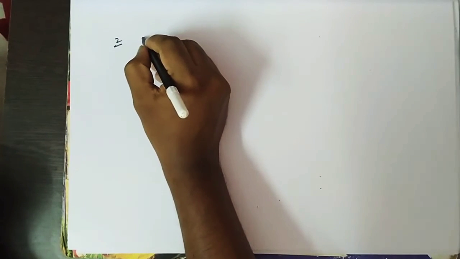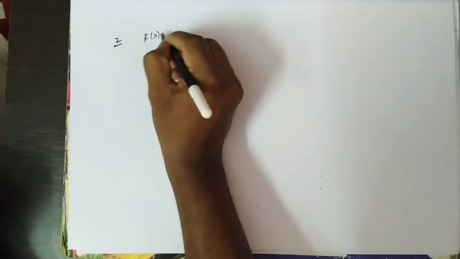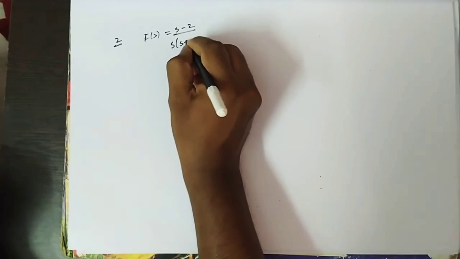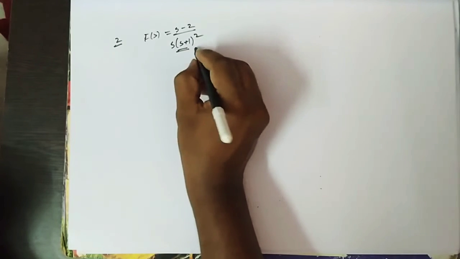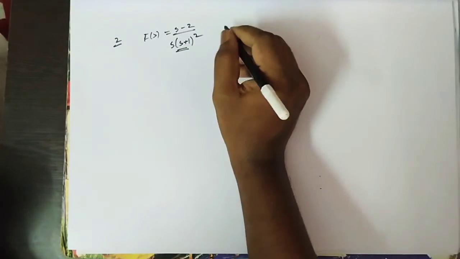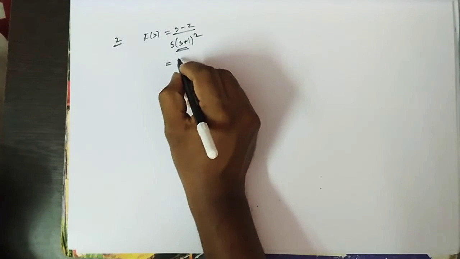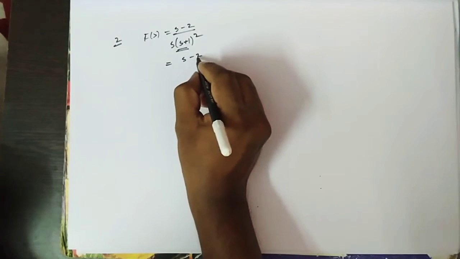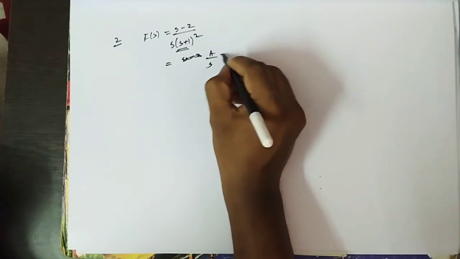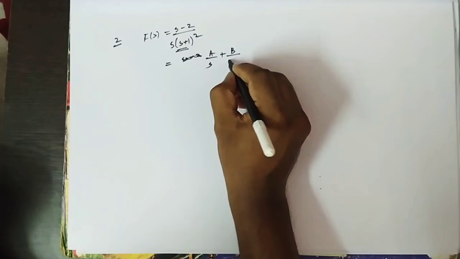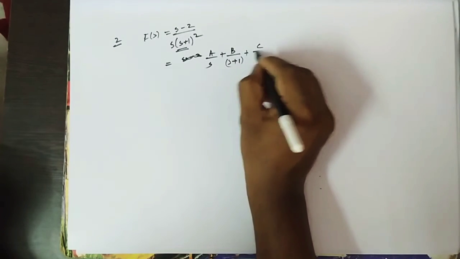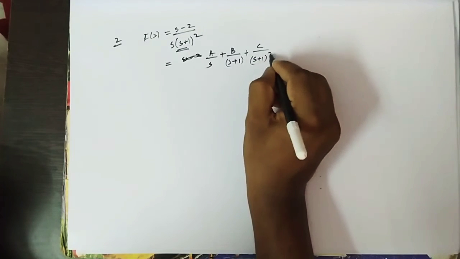For that explanation, I take the function F of s equal to s minus 2 by s into s plus 1 whole square. So this has real and equal roots. Applying inverse Laplace to s minus 2, the partial fraction is a by s plus b by s plus 1 plus c by s plus 1 whole square.